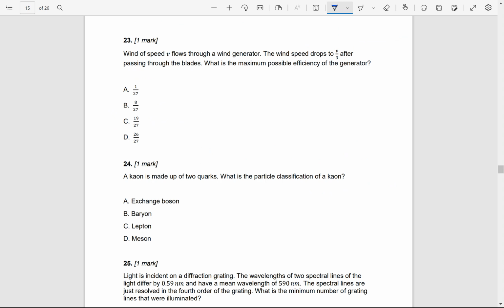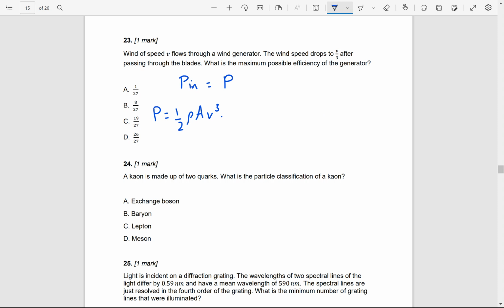Question 23, we have a wind generator and the speed of the wind flow is V, but then after it passes through the blades, it drops to V over 3, so it drops to 1/3 V. So we have the initial P, and we know from our formula booklet that P is proportional to V cubed.